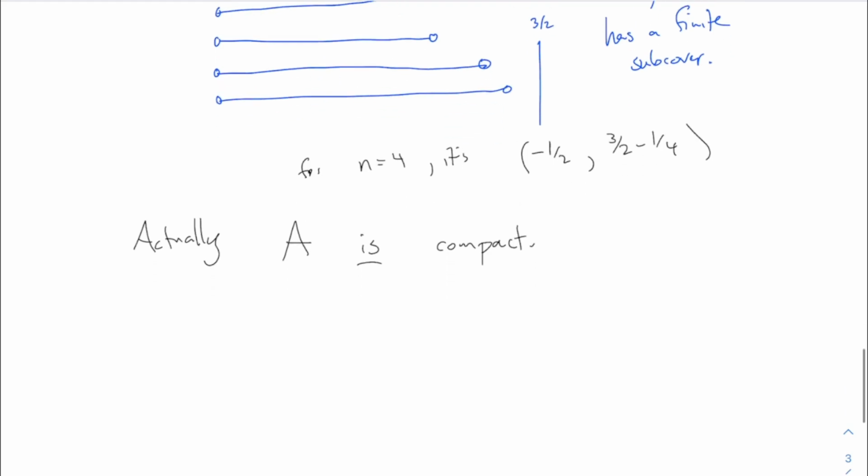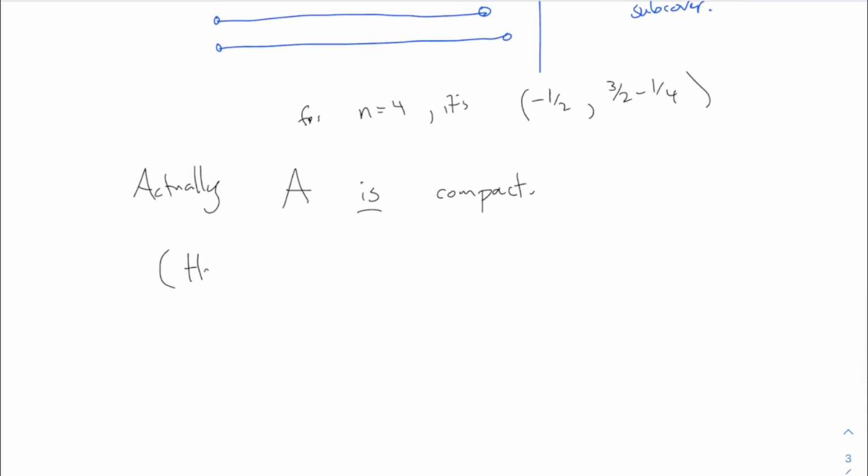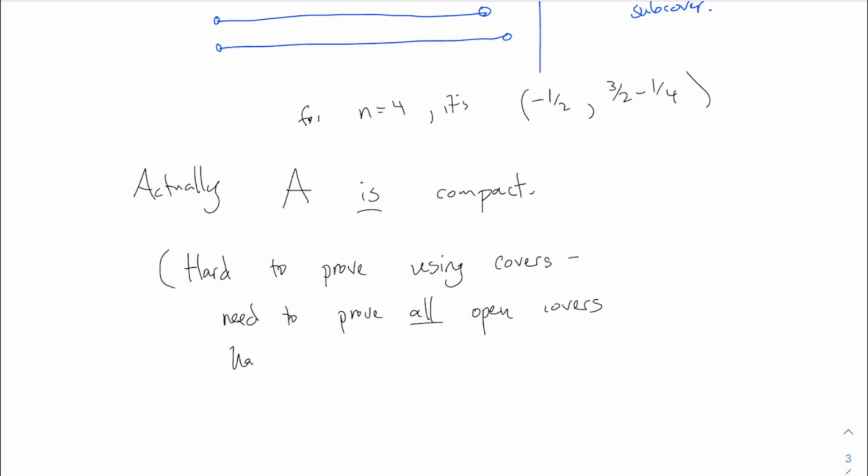So this is hard to prove using covers. If you know the Heine-Borel theorem, you say it's closed and bounded and that's it. But this is hard to prove using covers. You would need to somehow prove that all open covers have a finite subcover, and that's not easy to do.